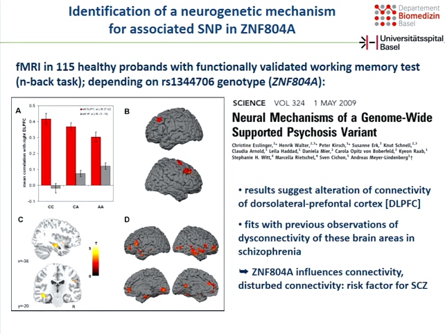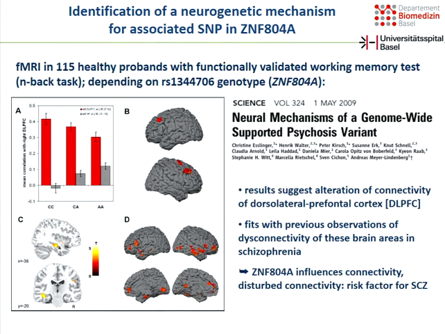And we have tried to find out if there's a SNP in that gene that is associated with schizophrenia, what is the effect of that particular variant if I do a functional imaging study. The results suggested that we have an alteration of connectivity in the dorsal prefrontal cortex, something that was already observed to be the case in schizophrenia patients before.